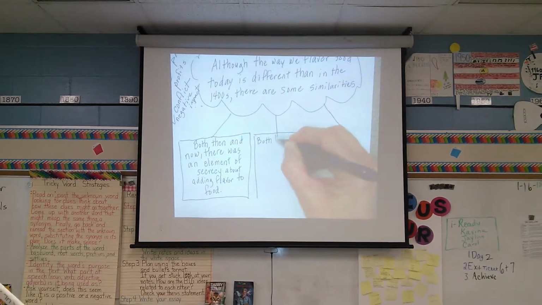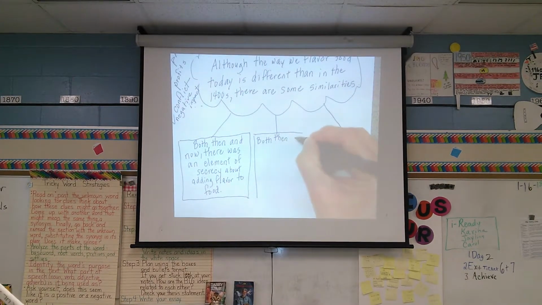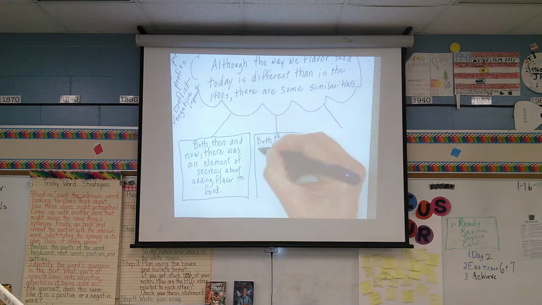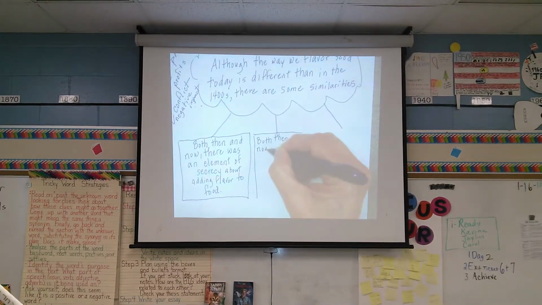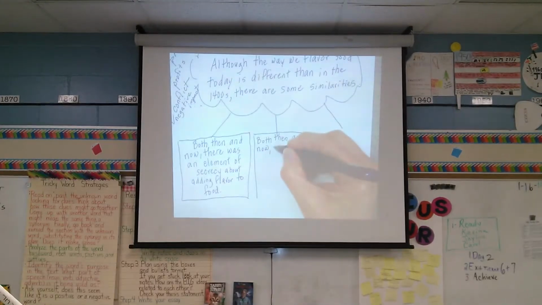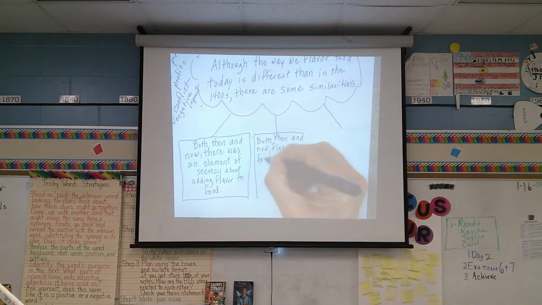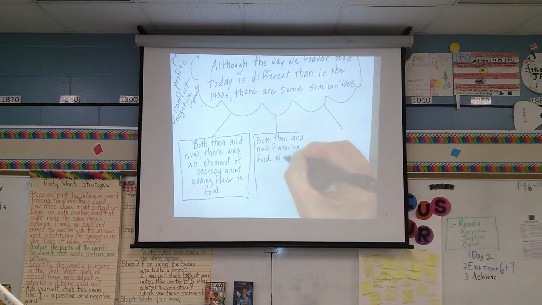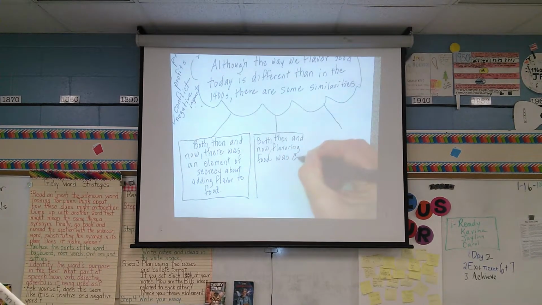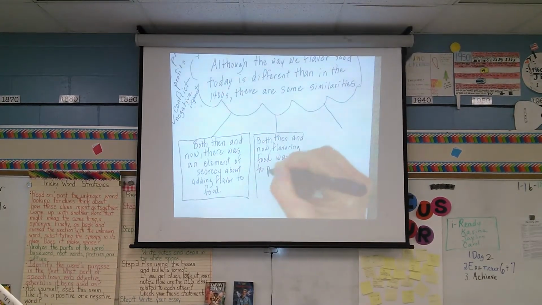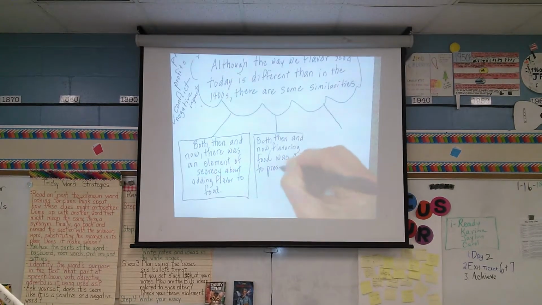Okay. I'm just going to modify it just a little bit: both then and now, flavoring food was connected to preservatives.